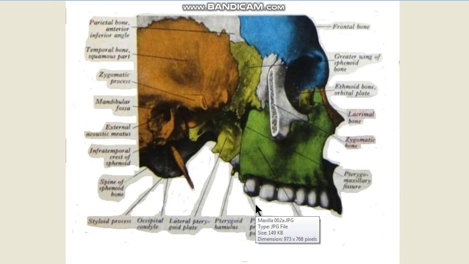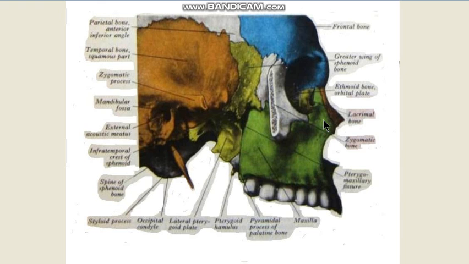If we look at this diagram, it is an enlarged diagram of the lateral view of the skull. Here you can see that the maxilla is over here, and here you can actually see two surfaces of the maxilla. You can see the body of the maxilla with its facial surface or the anterior surface over here, and you can see the posterior or infratemporal surface of the maxilla over here.